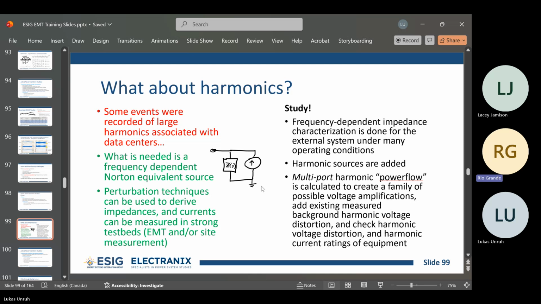So there are tools designed to study this harmonic impact, and your EMT tool may give you an answer, but you may need to add a lot more detail, and it's not going to have a harmonic power flow calculating mechanism in it, so it's not always the right tool to look at harmonics in.